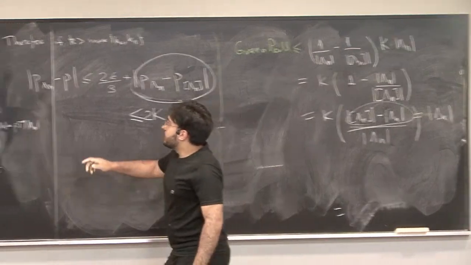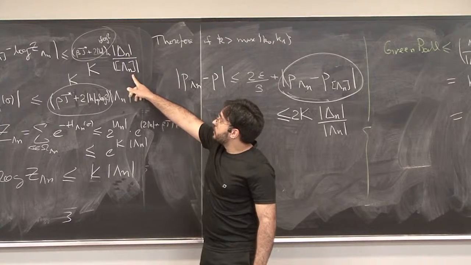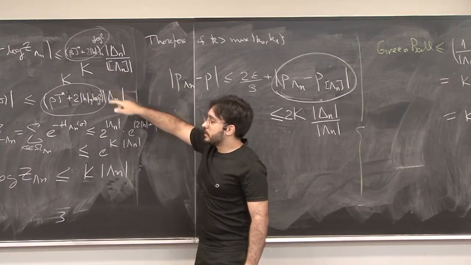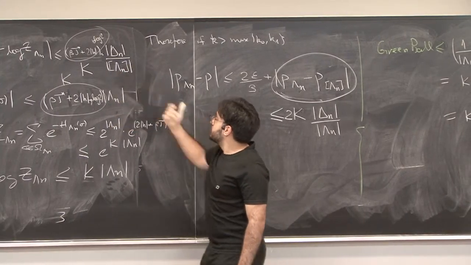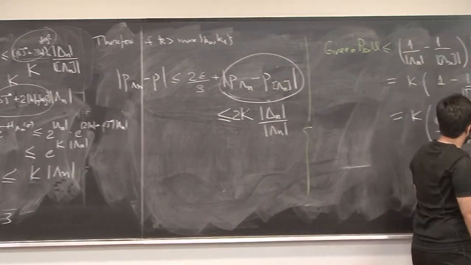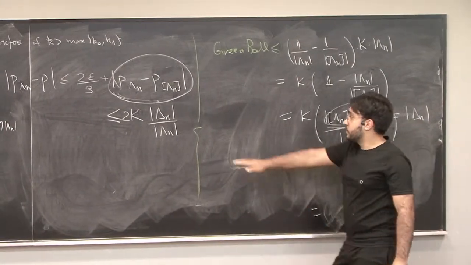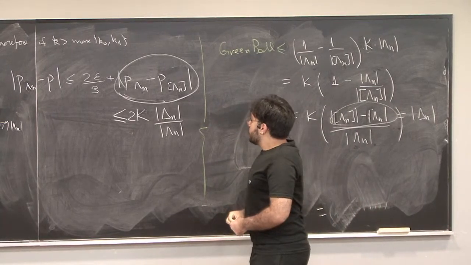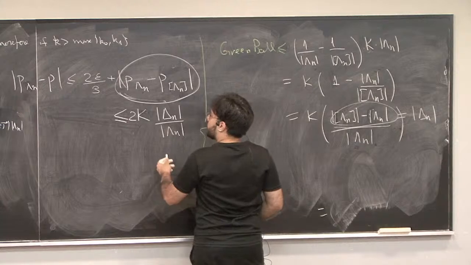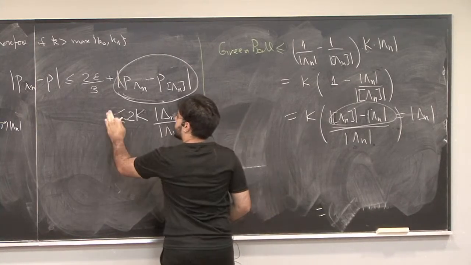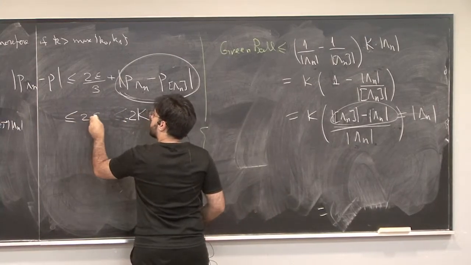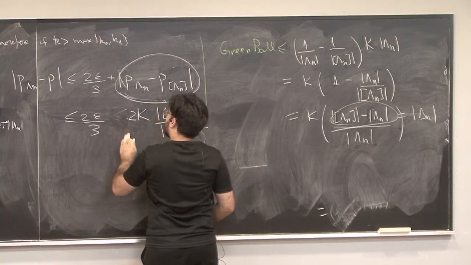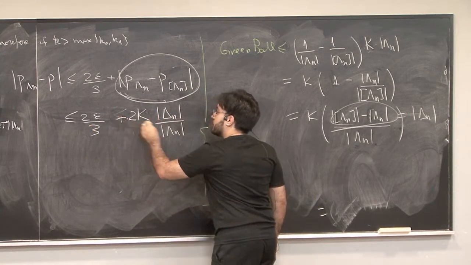Of course, in this part I have the size of the cover, but since the size of the cover is larger than lambda n, then this is an upper bound to that part. So now we need to finish. We need to analyze what happens to this part over here.